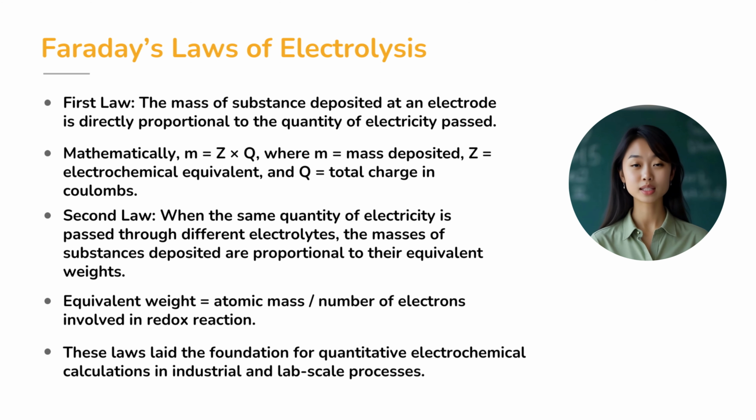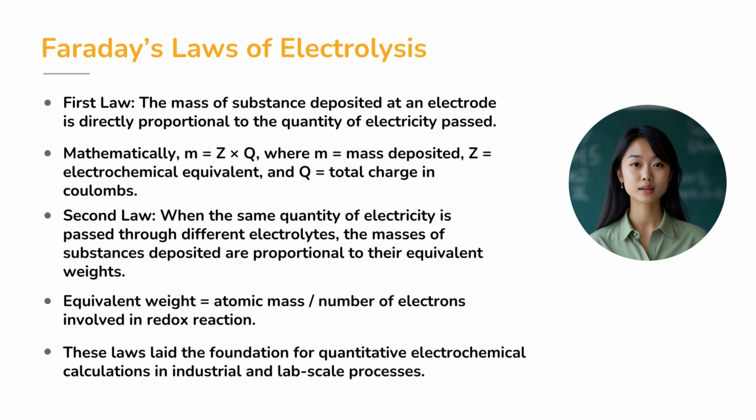So how do we predict how much substance is produced during electrolysis? That's where Faraday's laws come in. First law says the mass of substance deposited or liberated at an electrode is directly proportional to the amount of electricity passed. The formula is mass equals Z into Q, where Z is the electrochemical equivalent and Q is the total charge in coulombs.